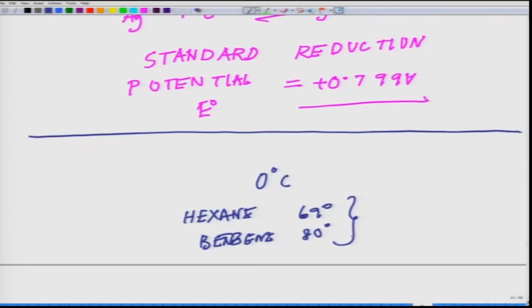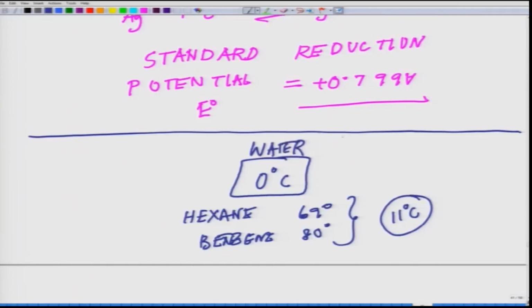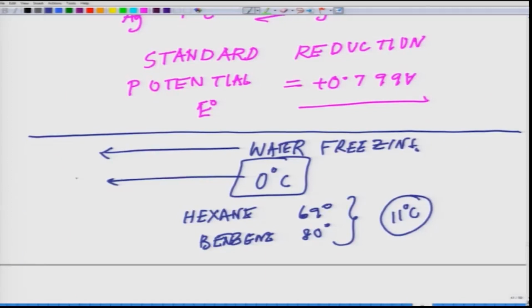So, the difference between the two, what we essentially did when we have cadmium and silver electrode, the difference between the two will be 11 degree centigrade, right. Now suppose I change the reference from 0 to say 200 degrees centigrade. I change the reference, arbitrarily I change the reference. Then what will happen? These two values will be shifting to say 269 and 280. Still the difference will remain 11 degrees centigrade.